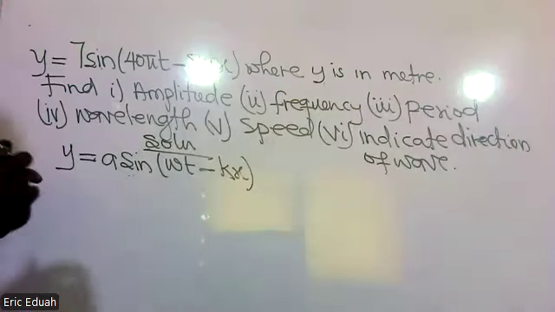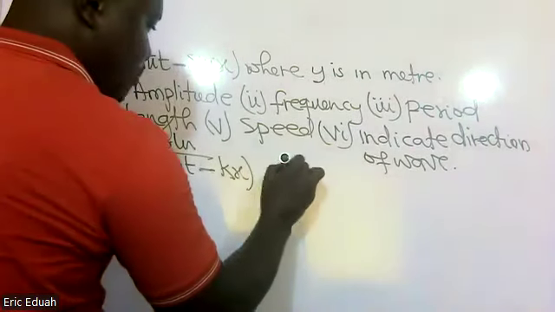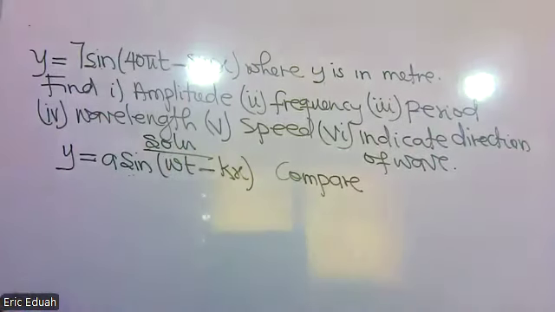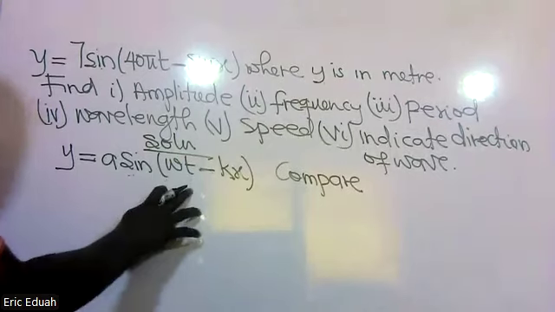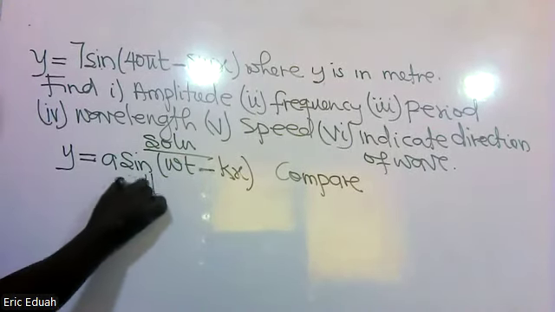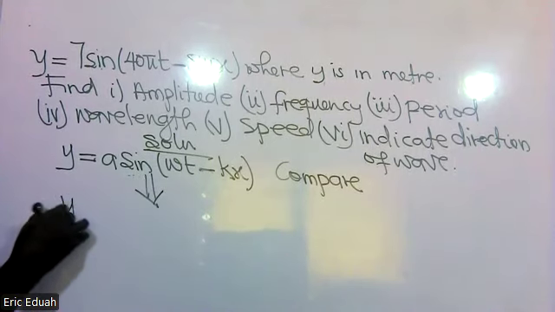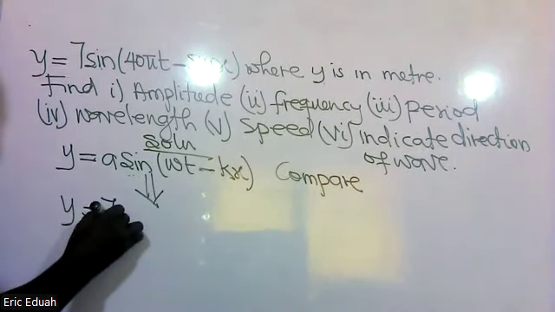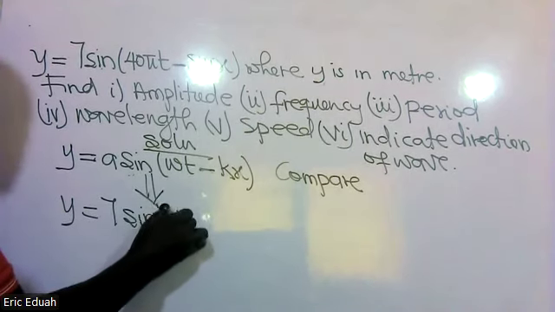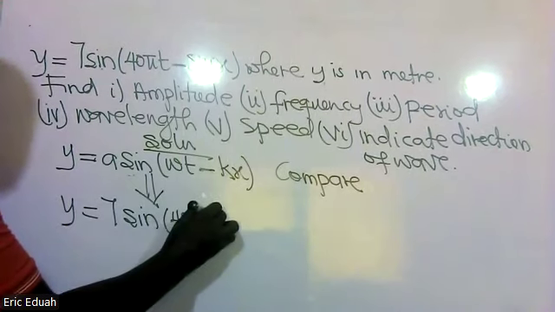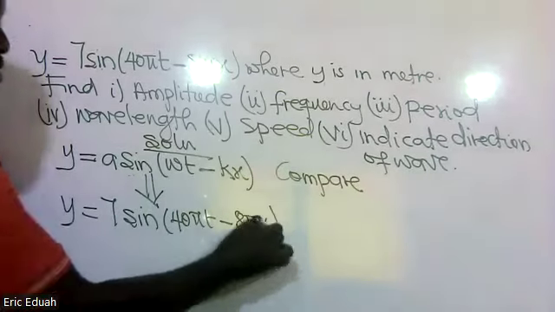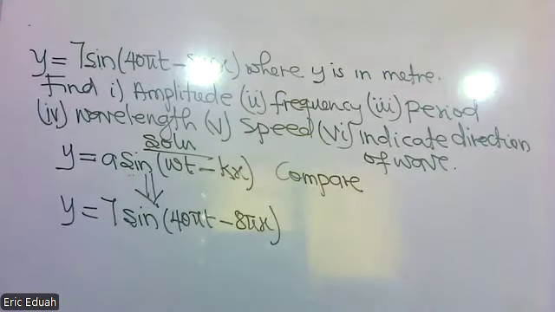Then you compare the equation given to you to the general progressive wave equation. So we compare this with y is equal to 7 sine 40 pi t minus 8 pi x.